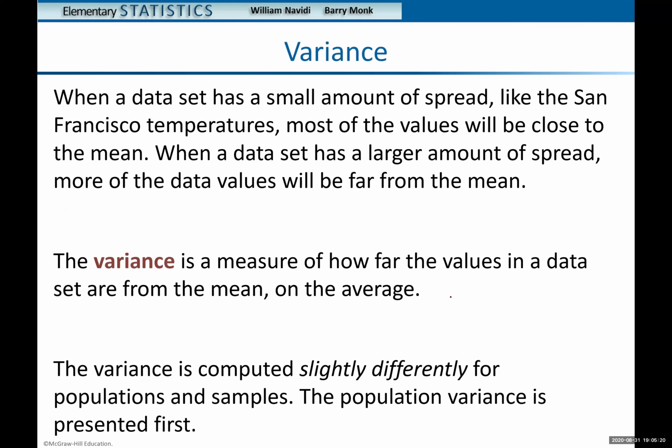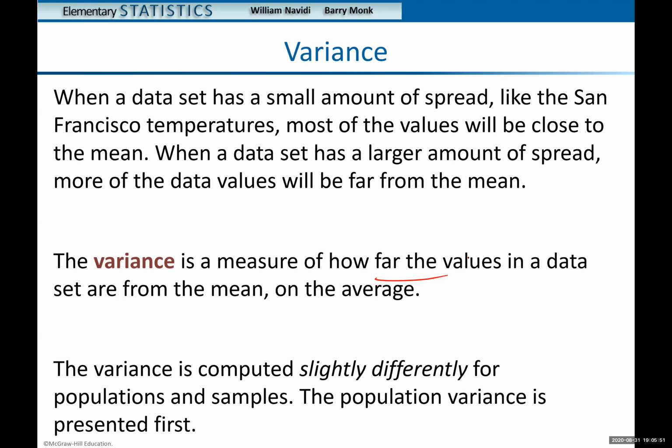Next, variance is a measure of how far the values in a data set are from the mean on the average. So copy the definition here. Just like the example earlier, when a data set has a small amount of spread, like the San Francisco temperatures, most of the values will be close to the mean.